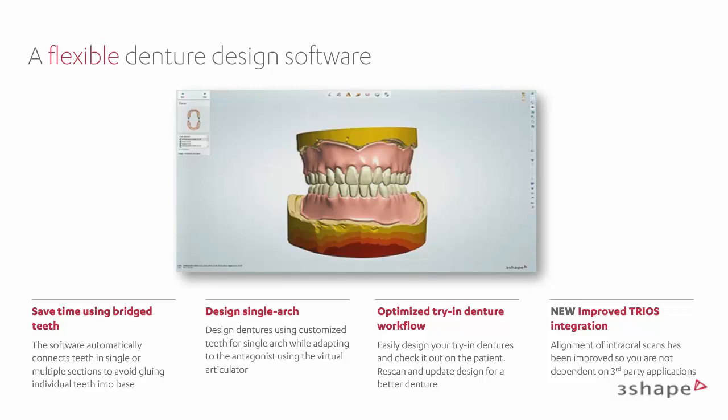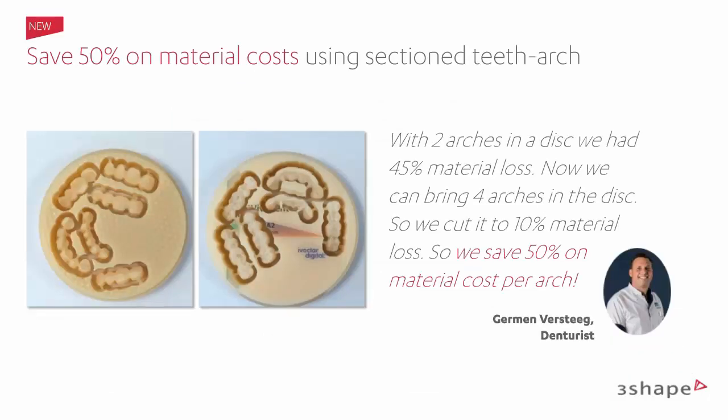I'll show you some improvements that we have done for 19.3 that will make it even simpler. Of course, we're integrating all the dental system CAD software more towards TRIOS. Initially you had to depend on third-party applications, and we are reducing that. As I mentioned, you can segment the full arch bridge teeth into multiple sections.